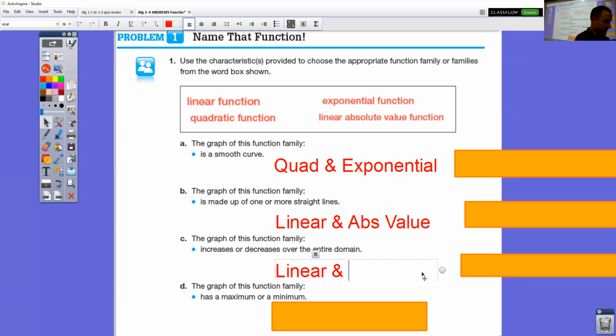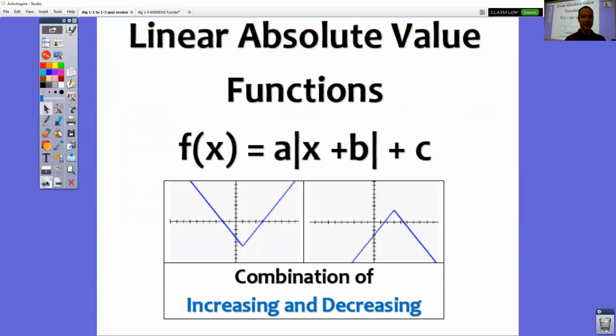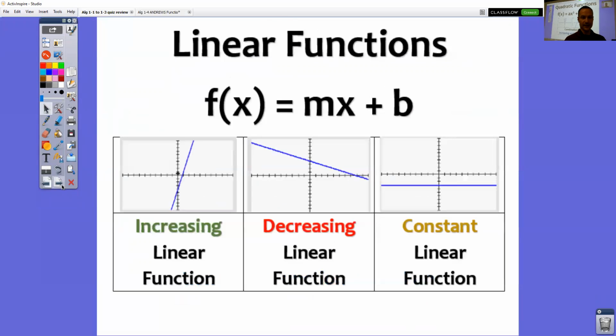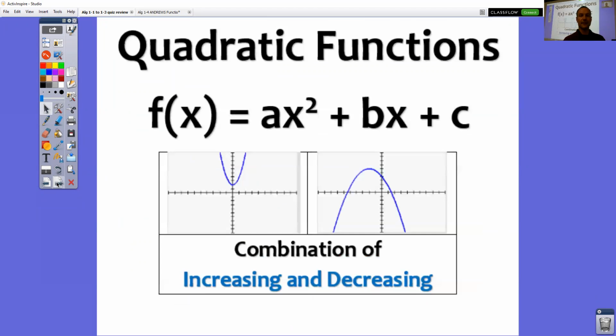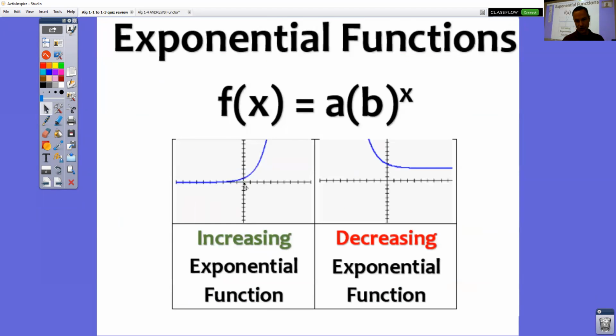So this should be exponential. So this is linear or exponential function families. We're just looking for just increasing or just decreasing over the entire domain. So just increasing is linear. It could go just up or it could go just down. Same thing with exponential. It can just go up or just go down.